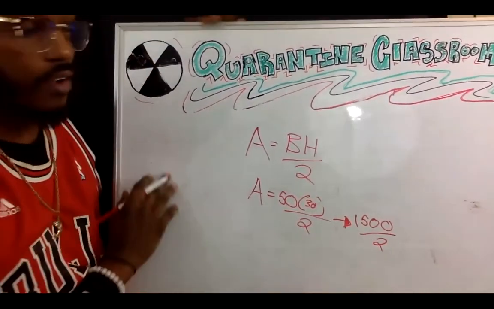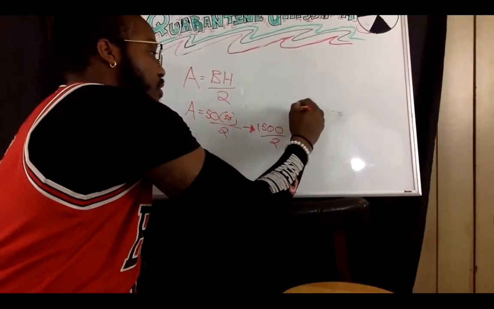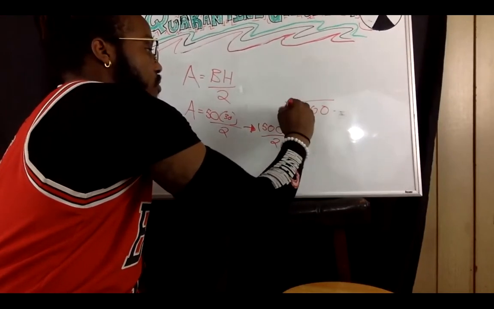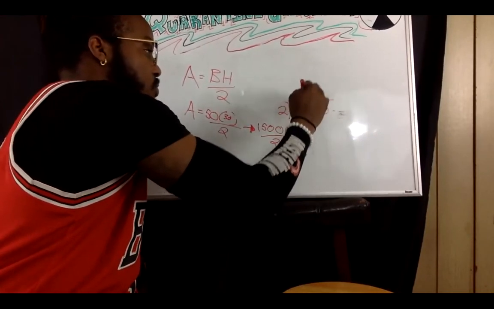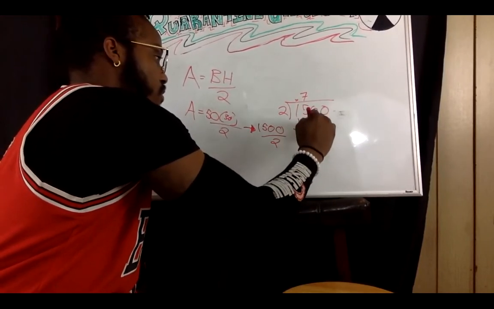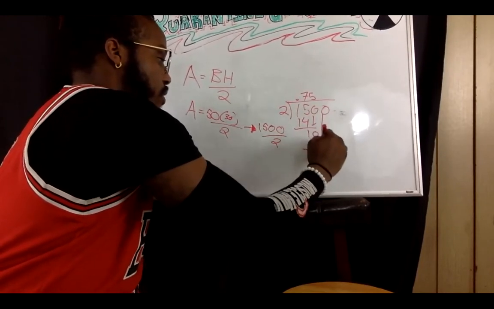You could throw this in a calculator, or you could challenge yourself to make sure that you still know how to do a little bit of long division and say 1,500 divided by 2. 2 goes into 1 0 times. 2 goes into 15 7 times. 5, then 3 down at 0.